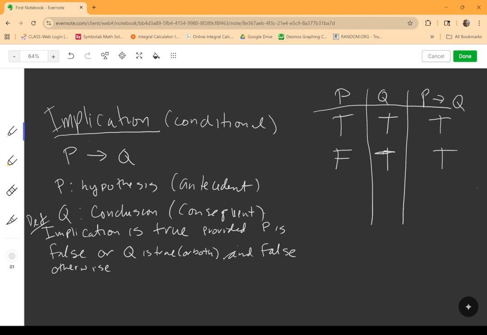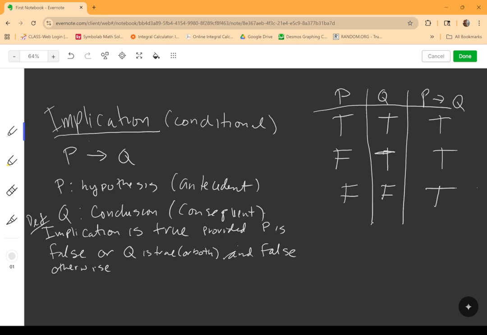In all other cases, let's say here, the other one would be false, and again in this case the promise wasn't kept, so just by definition, whether the implication is true or false doesn't matter, so this implication is also true.